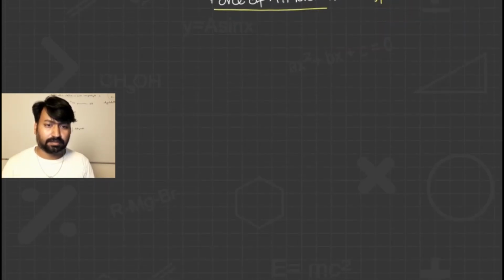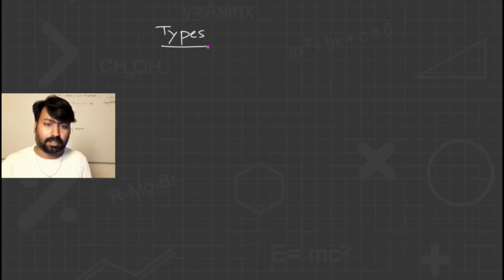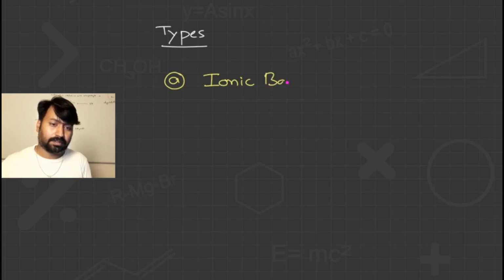Let me write this first. We'll discuss that point first: the types of chemical bondings. The first type is called ionic bonding. The second one is called covalent bonding.